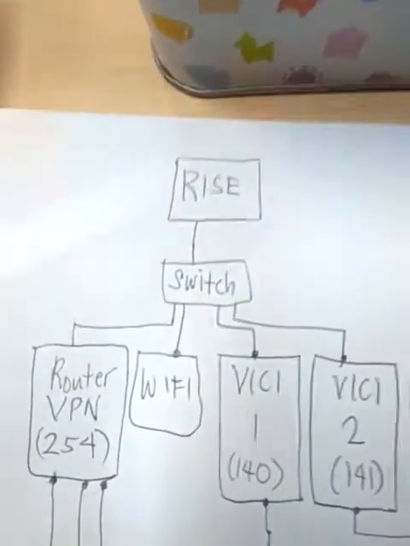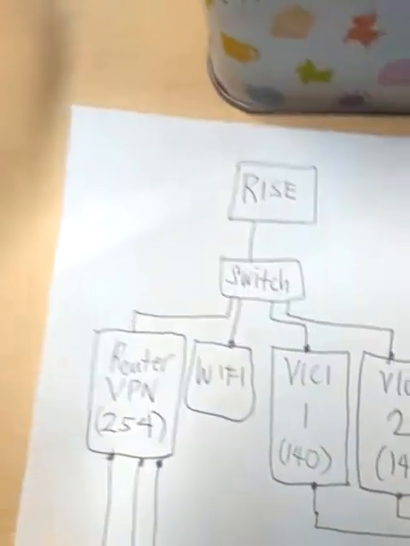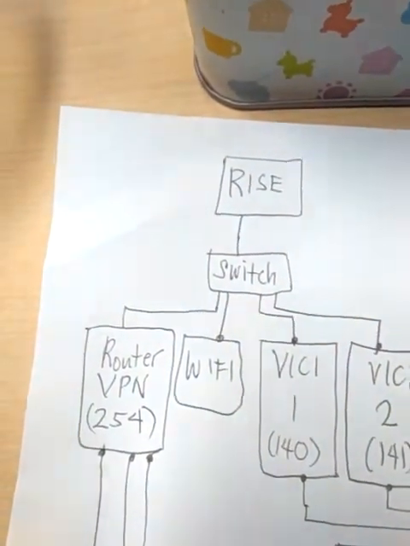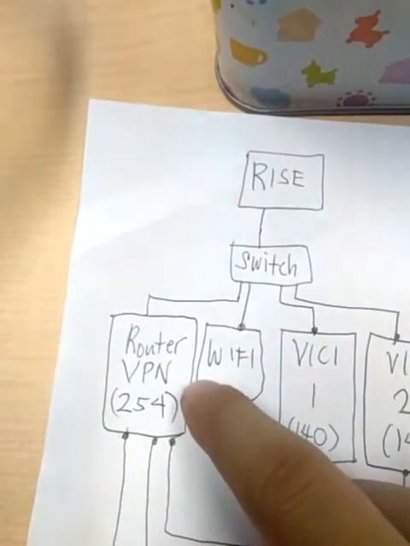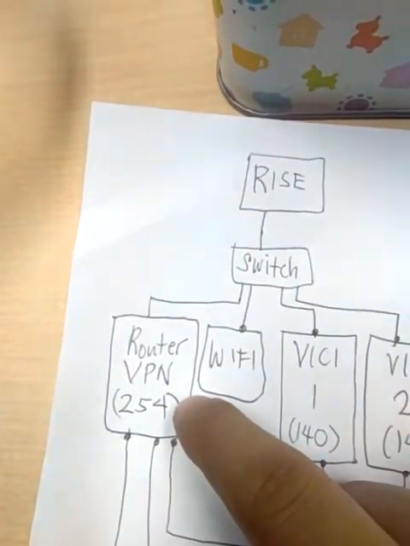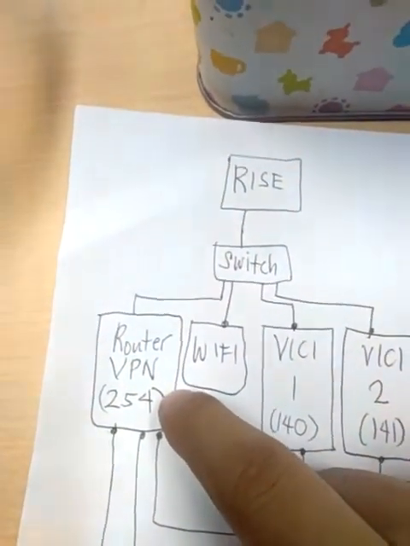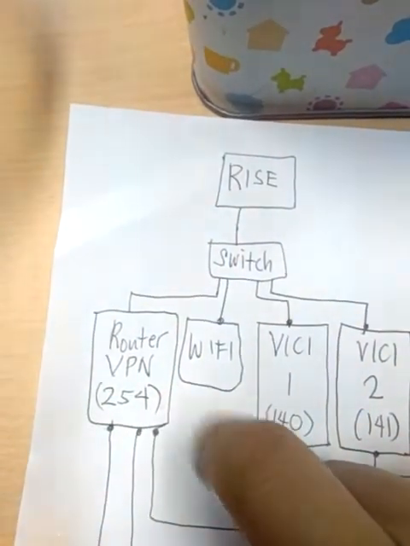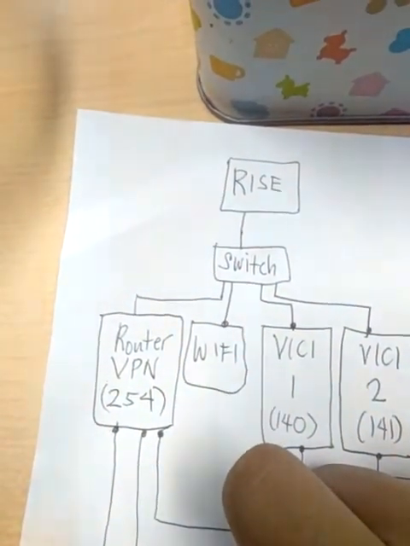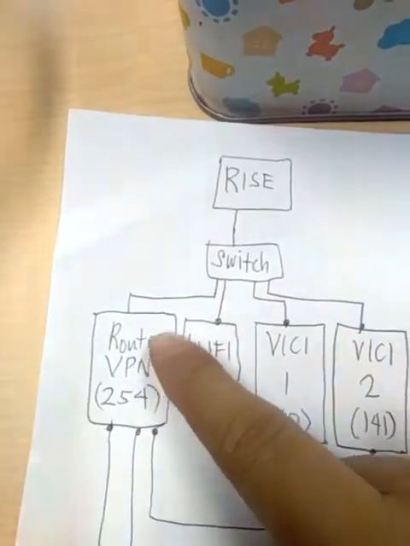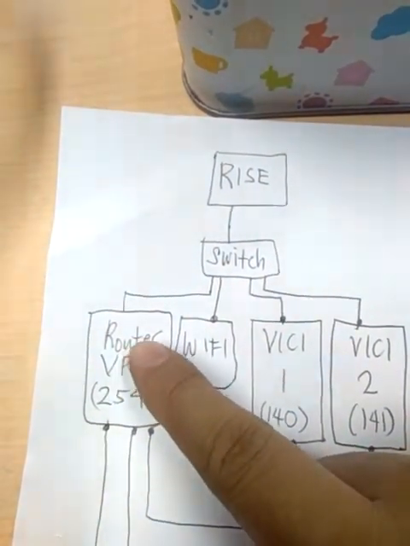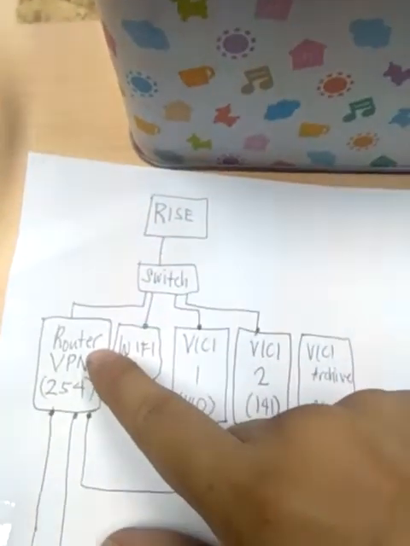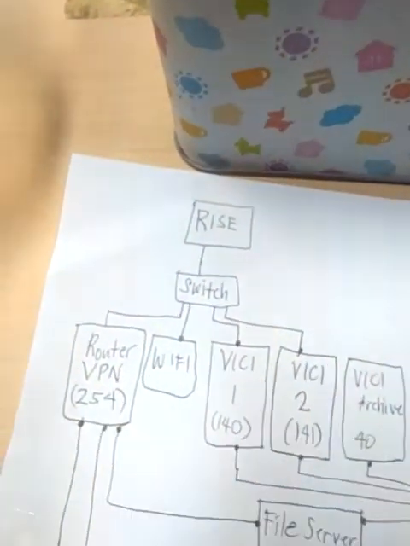So whenever your workstation is configured with a gateway of 254 under this setup, and you try to browse "what is my IP", it will appear as RISE with the IP of 230, because this one is getting that slot IP of 230. By the way, the IP addresses are provided from the Redmine.